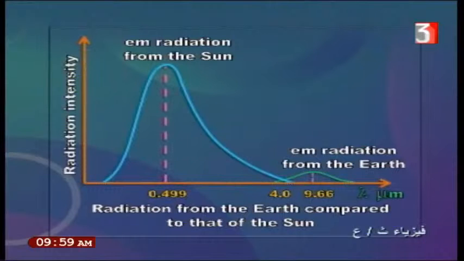Another problem, and it is by using the curves of the Sun and the Earth. You can use them to know lambda maximum of the Sun. It is 0.499 micrometer, and the peak wavelength of the radiation of the Earth is 9.66 micrometer.